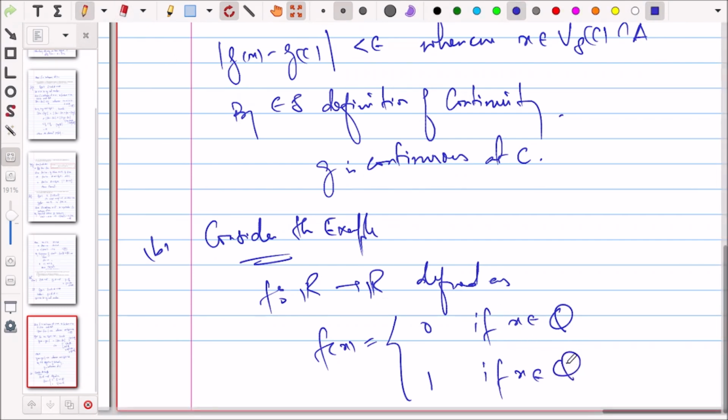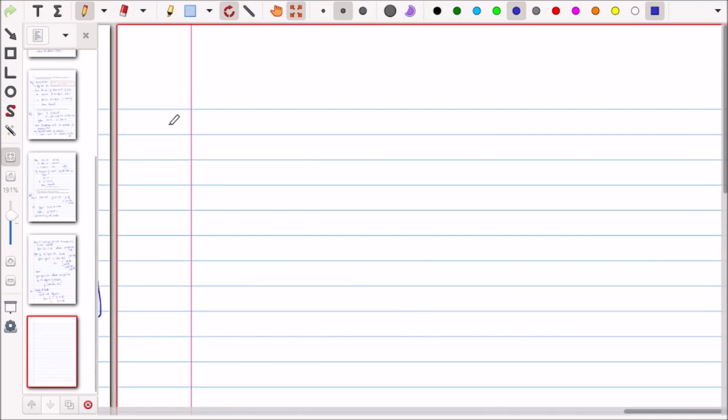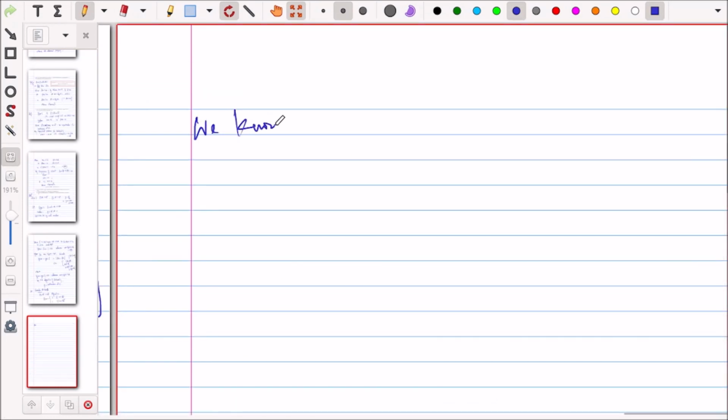We know that f is not continuous at any point in R.